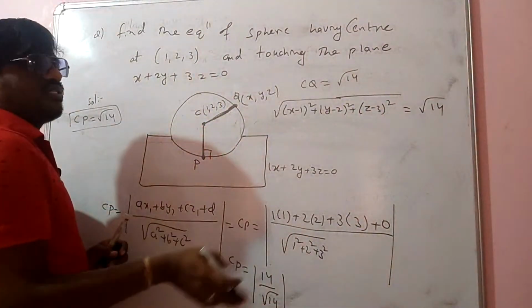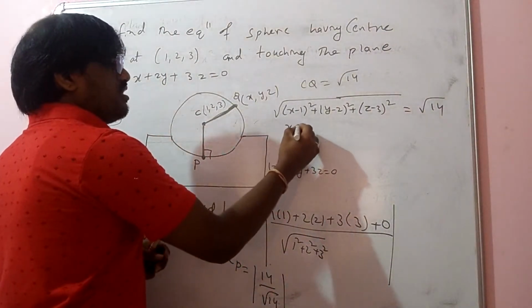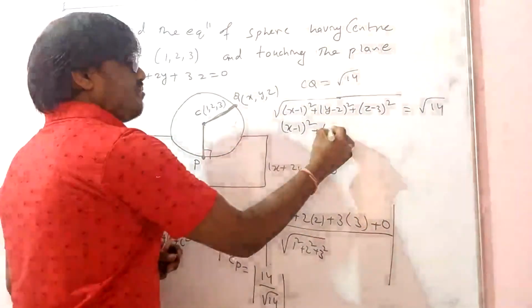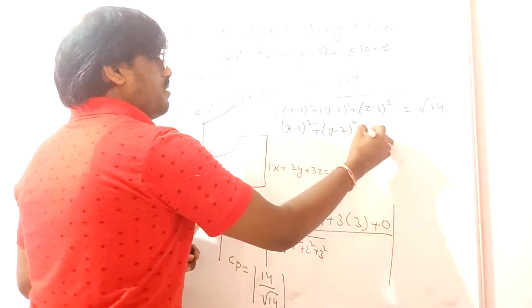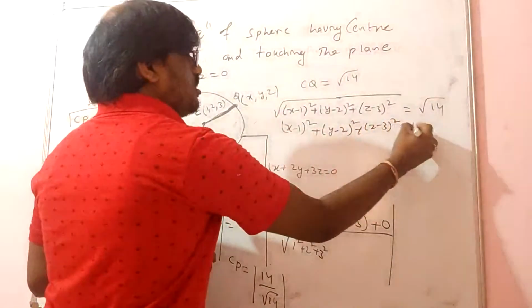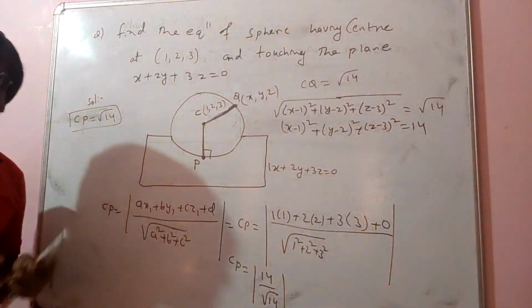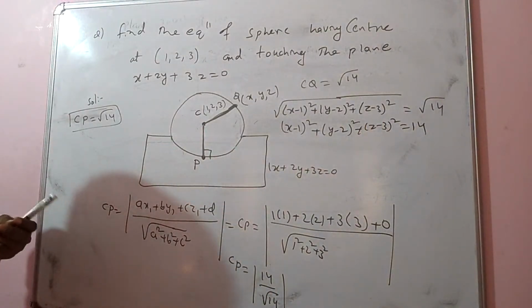Squaring on both sides, the square root cancels. So the equation of the sphere is (x minus 1) whole square plus (y minus 2) whole square plus (z minus 3) whole square is equal to 14. If you simplify this, you will get the equation of the sphere.